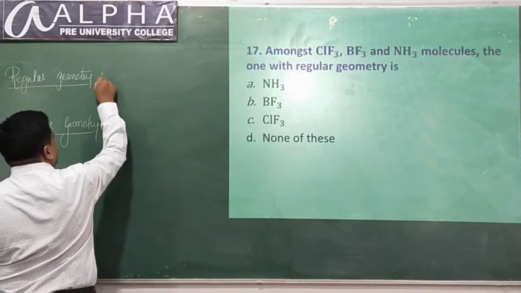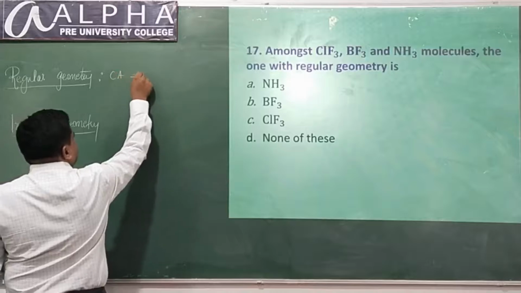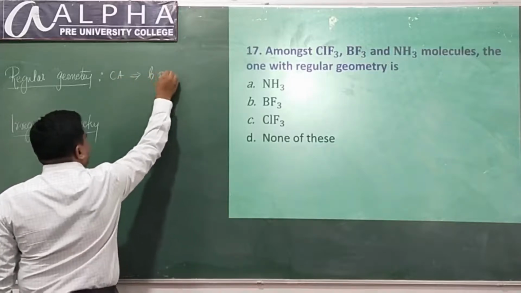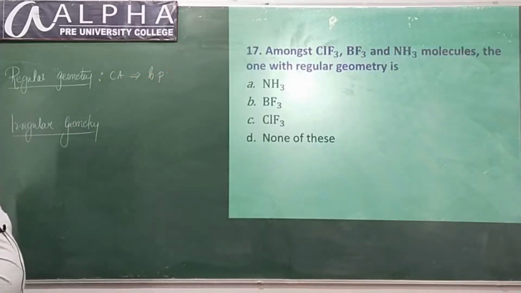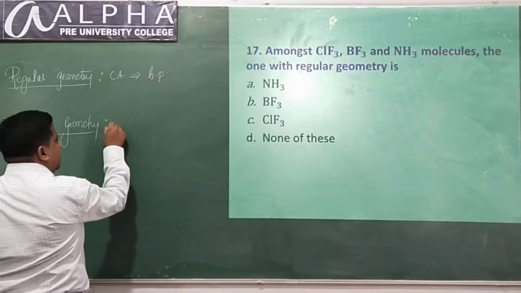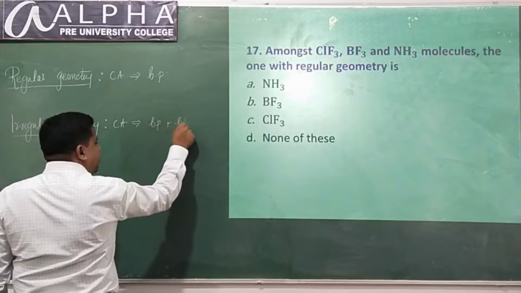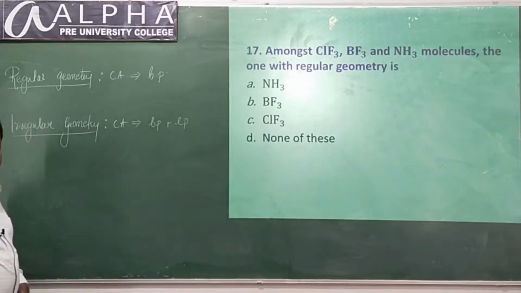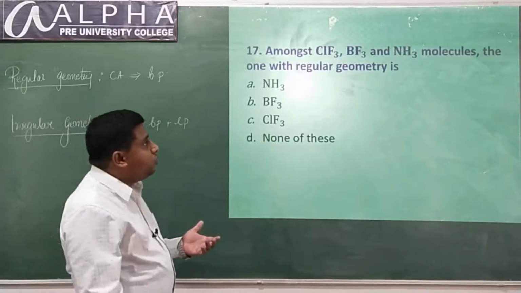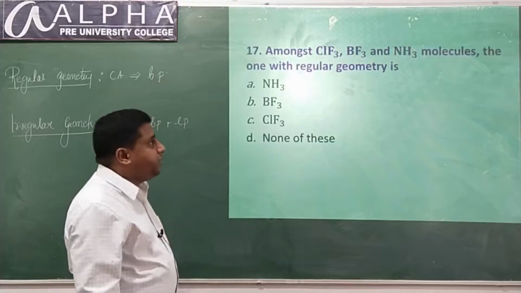If the central atom has only bond pairs of electrons, it is regular geometry. If the central atom has both bond pairs and lone pairs of electrons, then it is called irregular geometry. Now we have to just check which of them has regular geometry.